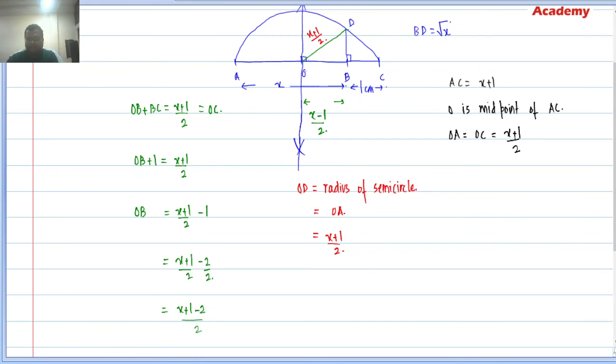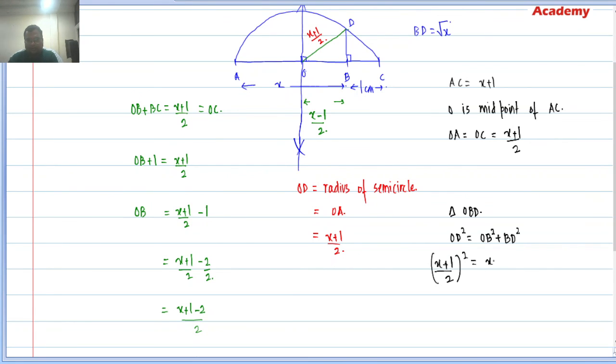Now, in triangle OBD, by Pythagoras theorem, OD square equal to OB square plus BD square. But what is OD? x plus 1 upon 2, the whole square is equal to OB.